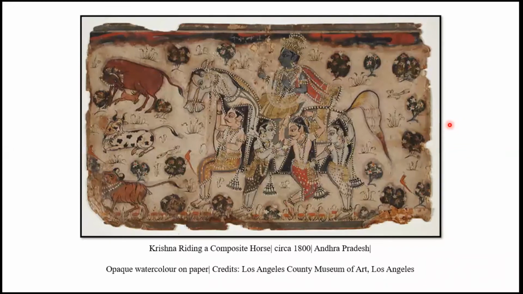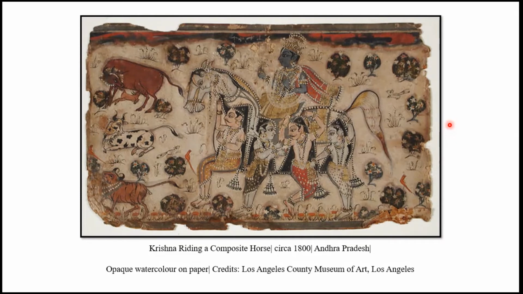So, like I said earlier, a number of the composite paintings depicted Lord Krishna or Kamdev mounted on a composite horse or elephant. And you could think that the composite paintings with Krishna and gopis could be interpreted as the devotion and love of the gopis towards Krishna, while the Kamdev composite paintings could symbolize the passion and romance associated with Kamdev.